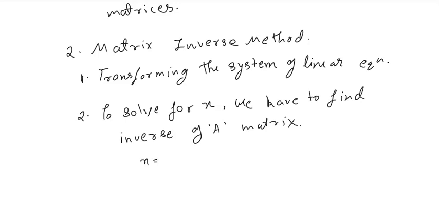We can find it by using the formula A inverse multiplied with B. This is the method to find the inverse of a matrix.